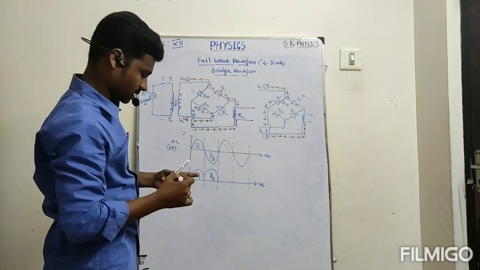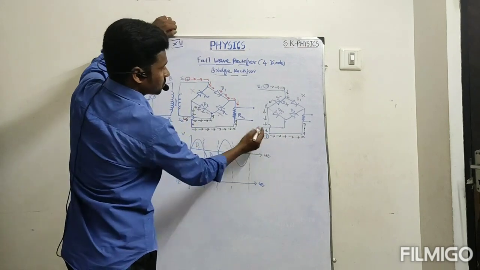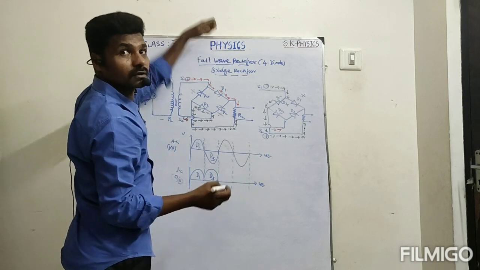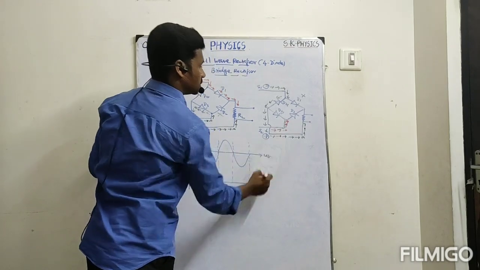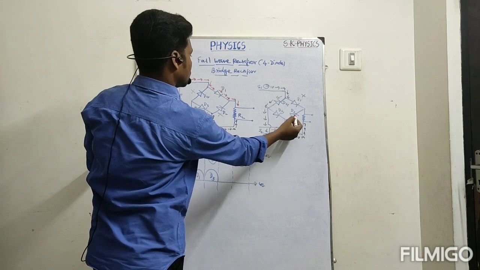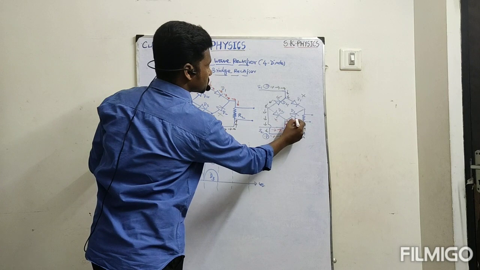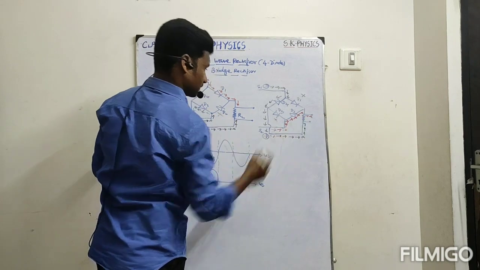At the same time, the next one here is positive. See the positive current. D3 is negative, so it's not functioning. D2 is functioning, so we can get the output here.